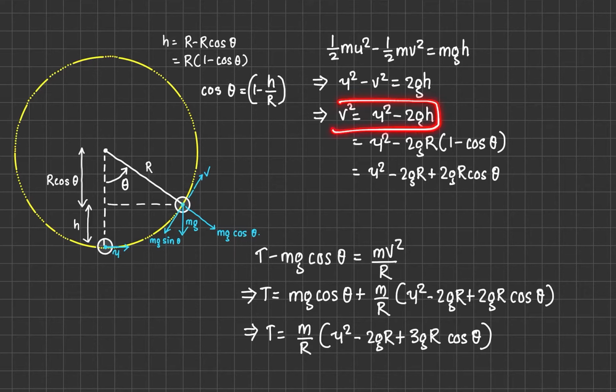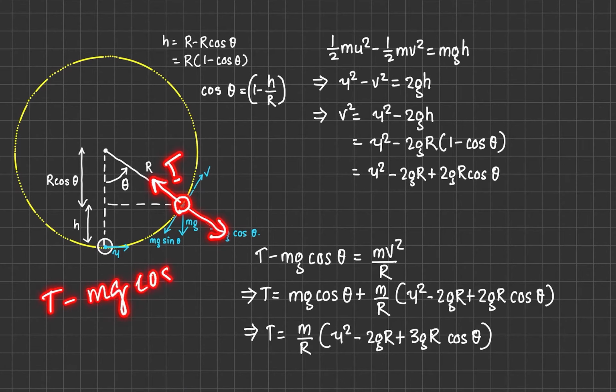As the h value is not known in terms of r, if we define it, then we can write u square minus 2gh, and instead of h, r into 1 minus cos theta. So this gives us the velocity at any point of time. Similarly, if we need the tension, we can write that for this ball right here, mg cos theta is radially outward and tension is inward. So we can write the equation as T minus mg cos theta.